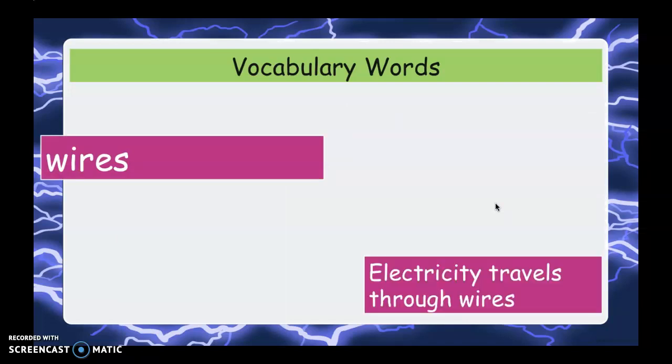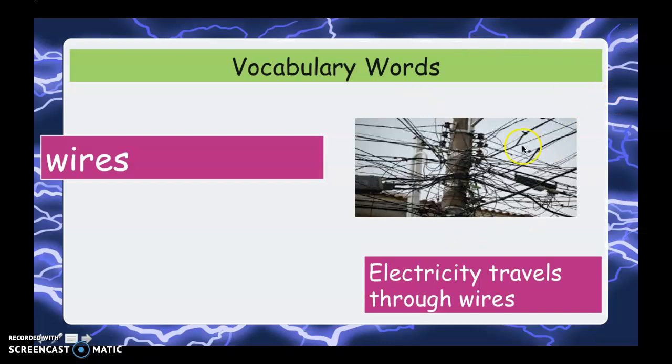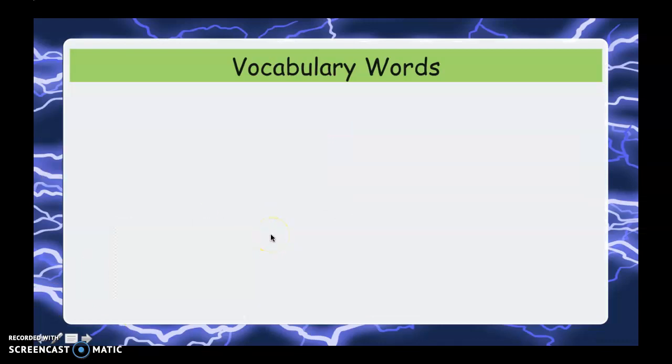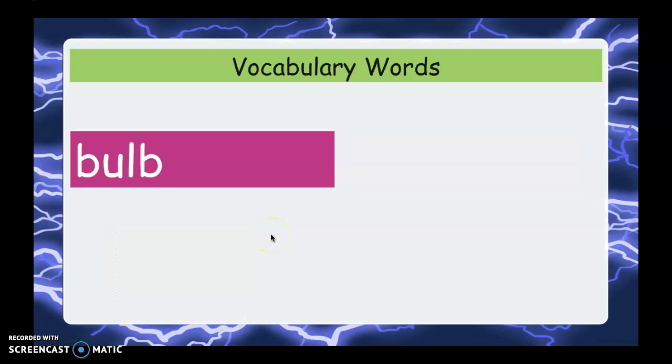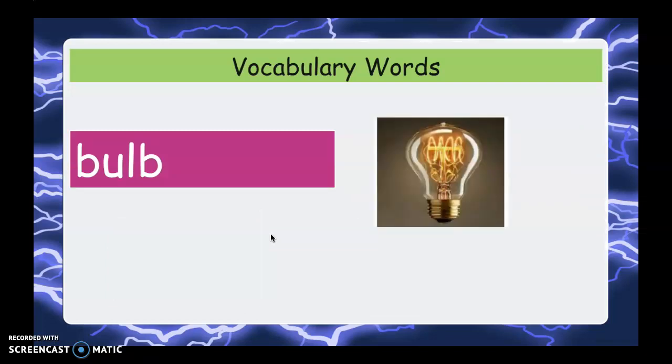Wires. Wires are these. Electricity travels through this wire. They go back and forth through the wires. Next one, bulb. See this glass thing?